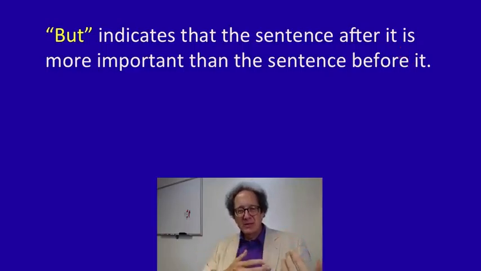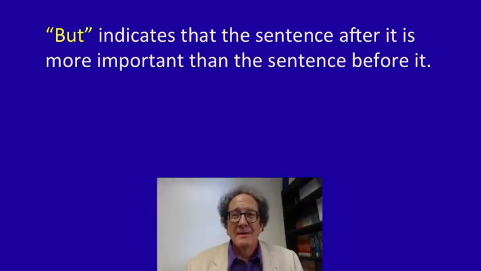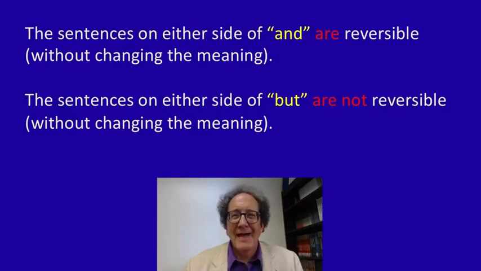You're discounting the other objection and citing after the but clause the reason for the belief or action that you favor. Thus, and but are very different. The sentences on either side of and are reversible, and the sentences on either side of but are not reversible.